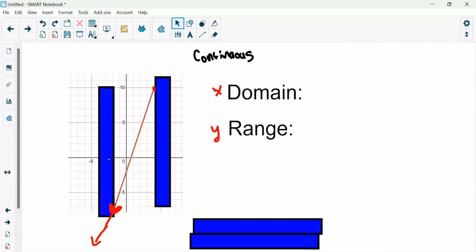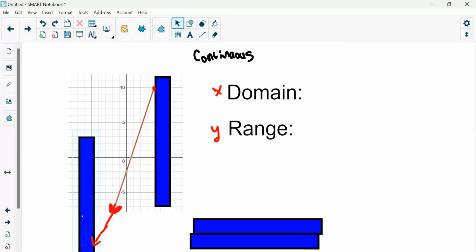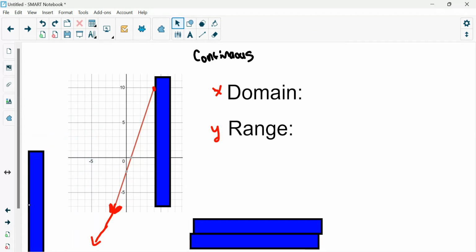So there really is no wall I can put on the left side. This is going to just keep going until it's off the screen. What that means is my smallest x value doesn't really exist. I keep going forever to the left. So we say that that's negative infinity. I never stop going to the left. That's my smallest.